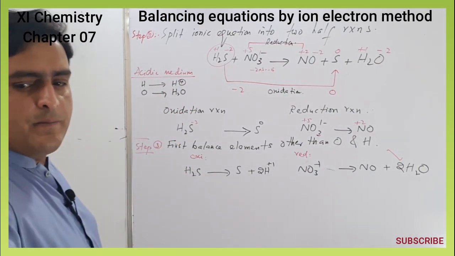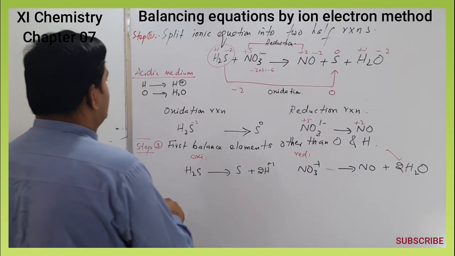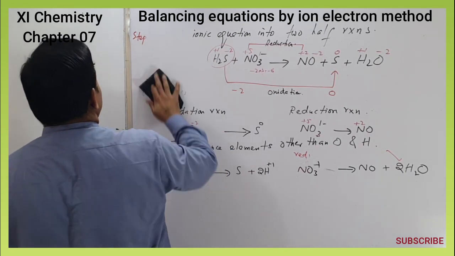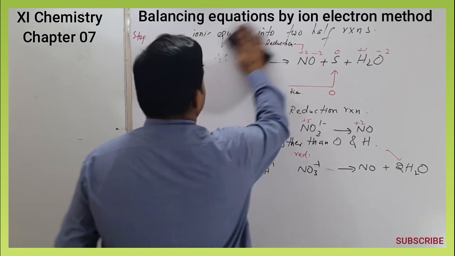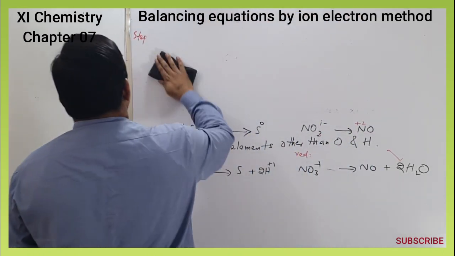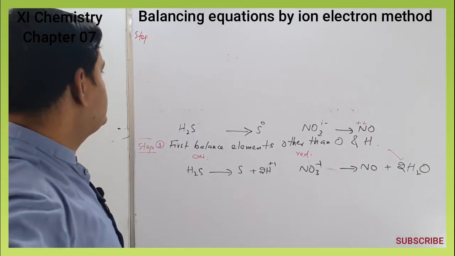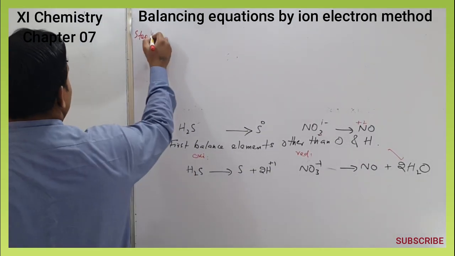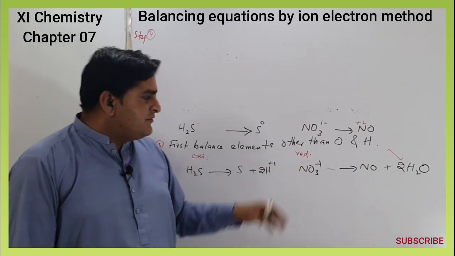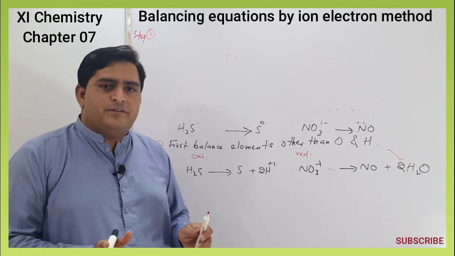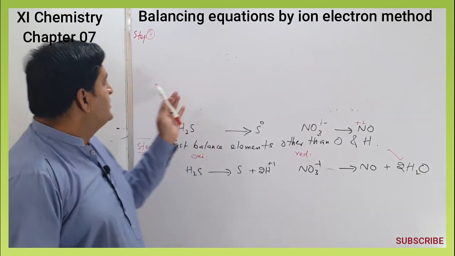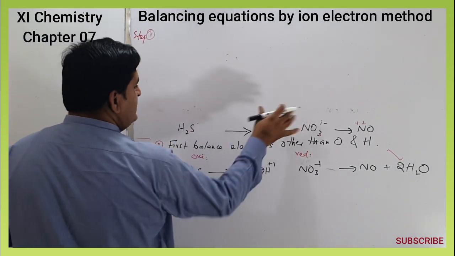Now step number 4. In step 4, when these elements have been balanced, we have to equalize the number of electrons lost and gained in both the oxidation and reduction sides.